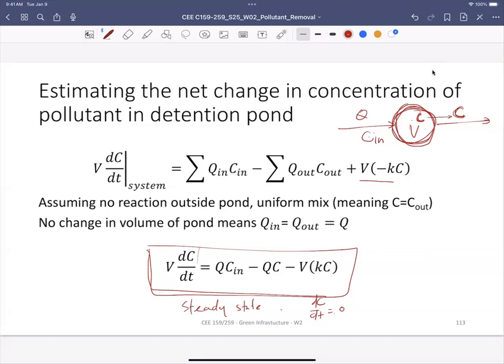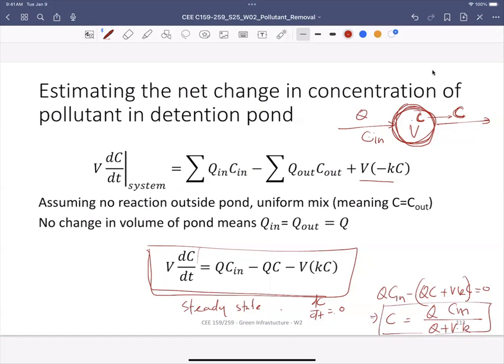So in this case, QC in minus QC plus VkC equals 0. That means you can predict C as QC in divided by Q plus Vk. This is where you can predict the concentration of effluent in steady state reactions.